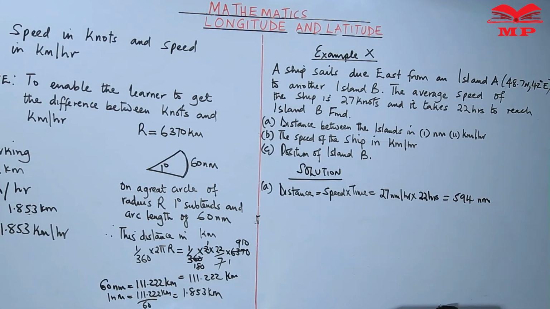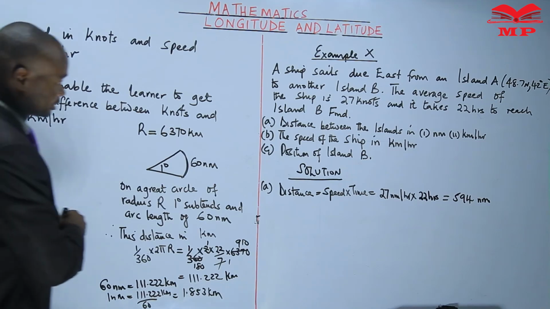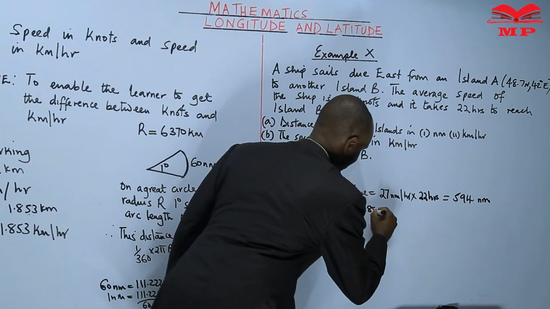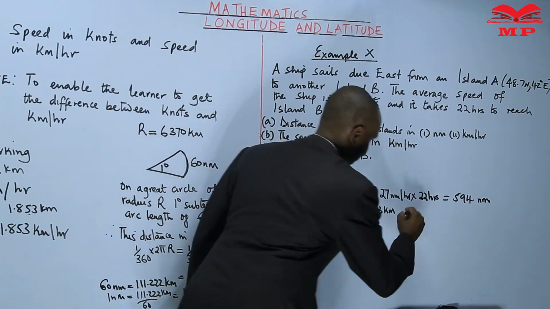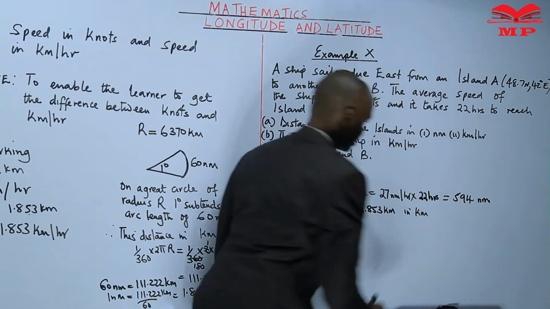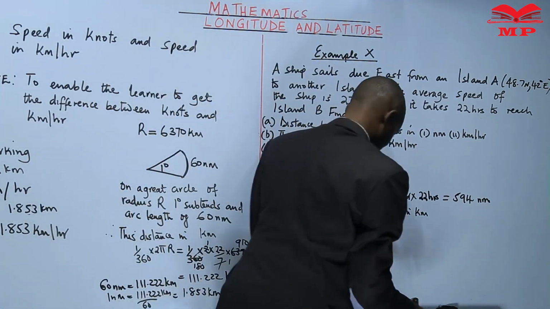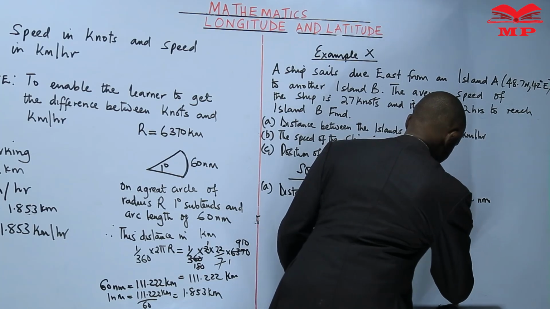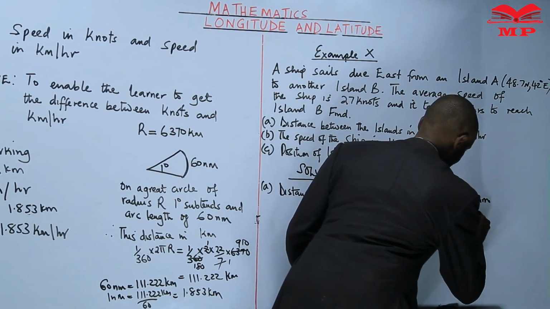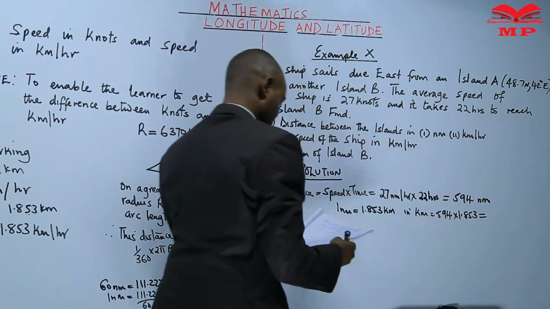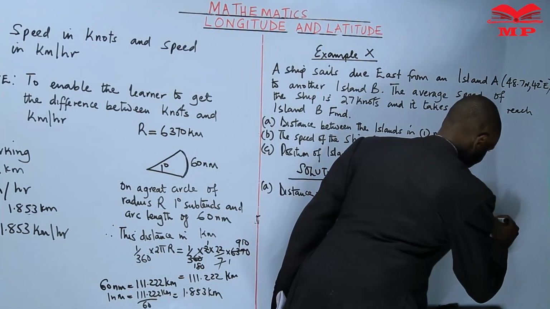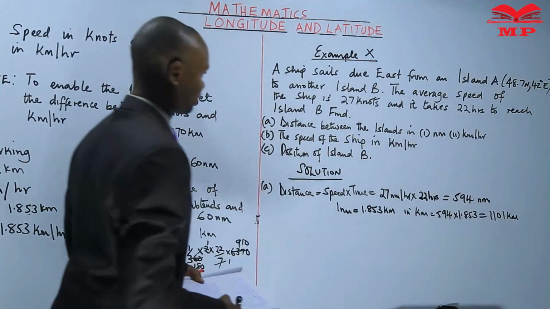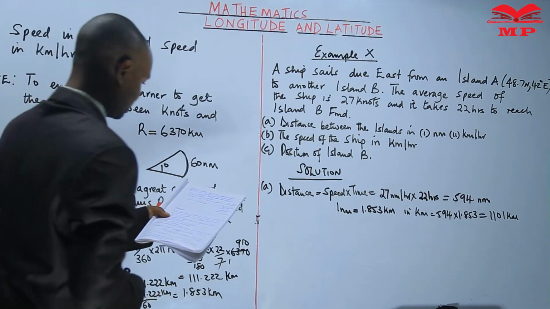And having got this relationship, 1 nautical mile is 1.853 kilometers. So in kilometers, learner, it will be 594 times 1.853. That will give you 1,101 kilometers.